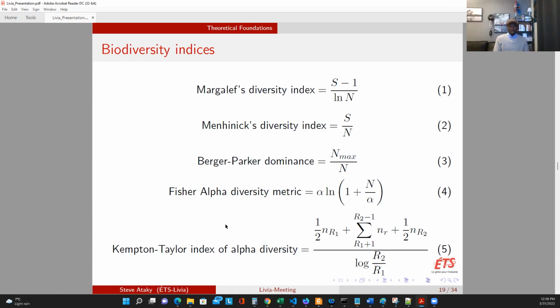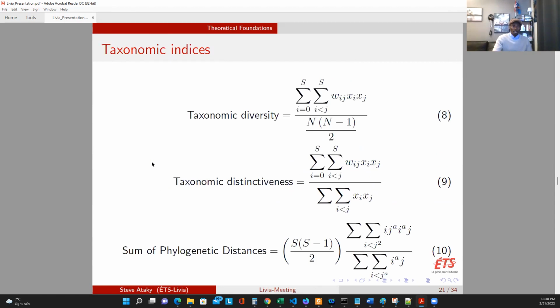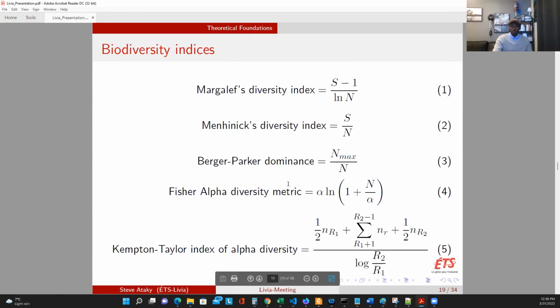Some examples we have here are Margalef's diversity index, Menhinick diversity index, Berger-Parker, Fisher alpha, and so forth. We also have McIntosh evenness, and Shannon-Wiener, both of which are information theory indices.